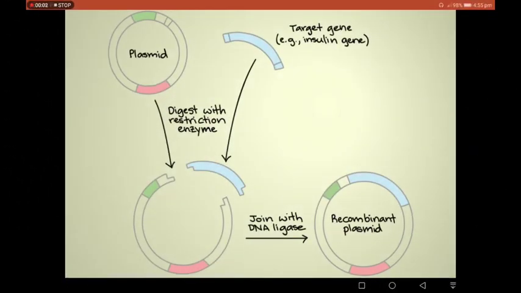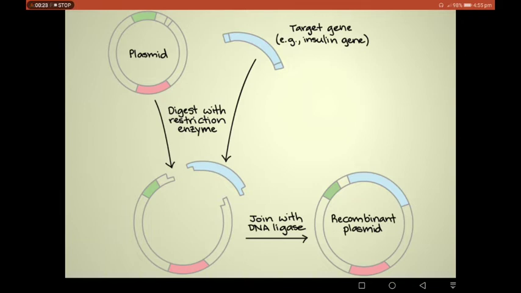In this image, we can see a complete plasmid in the first left corner, and one piece is cut from the original plasmid and incorporated with a target gene.